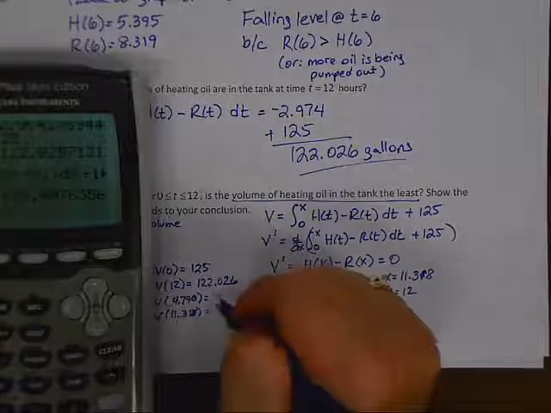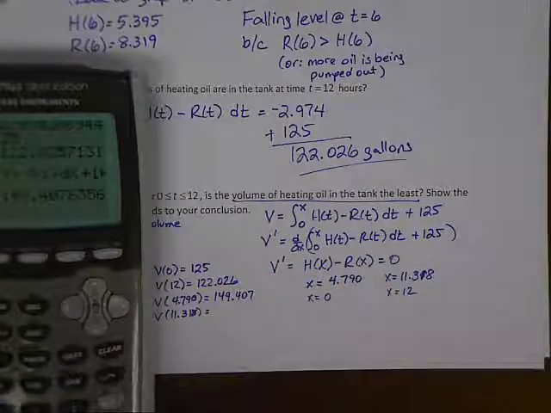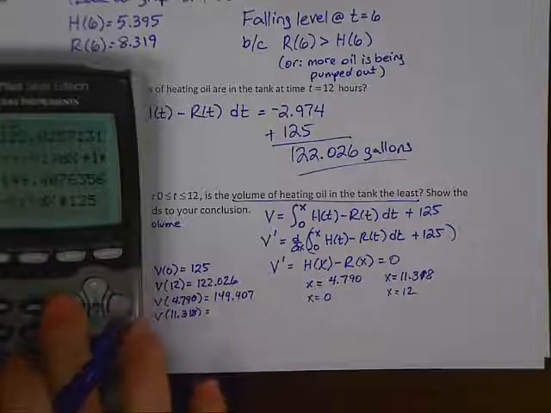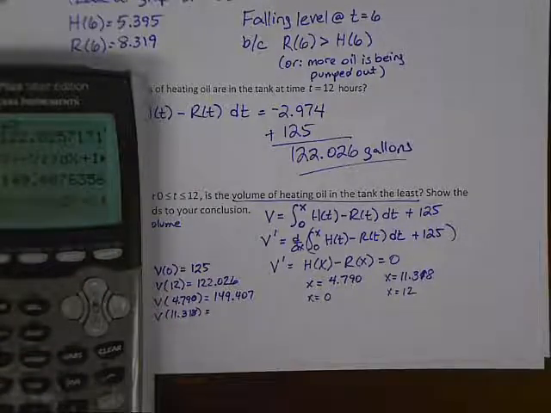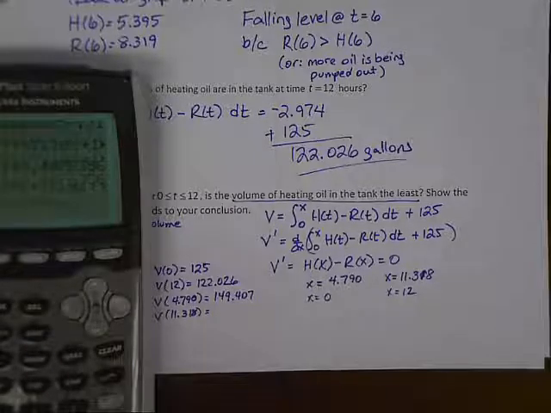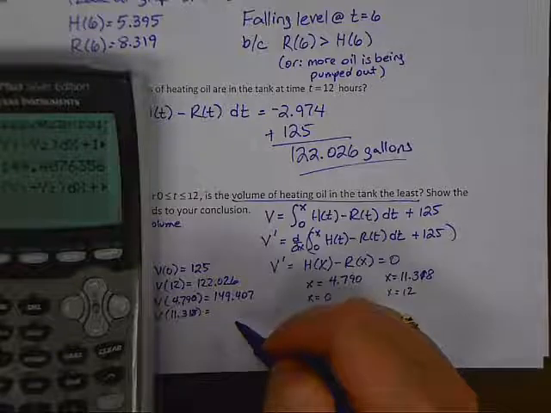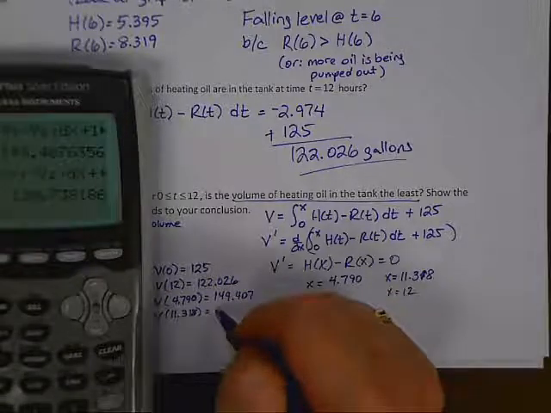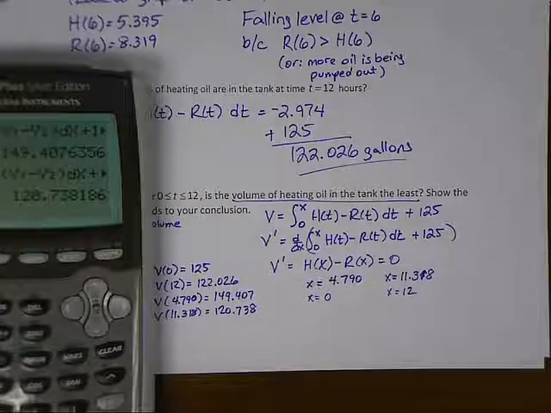So that's 149.407. Then do second enter and do it again, but change it to 11.318. That's 120.738. I know I'm going fast, and I apologize.